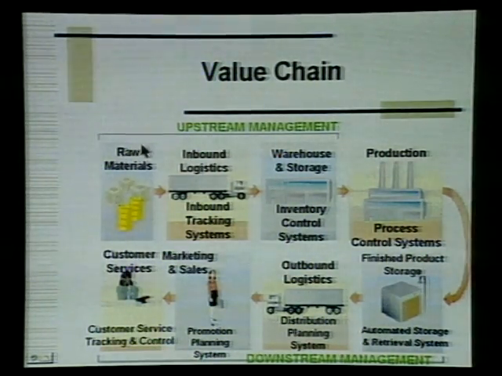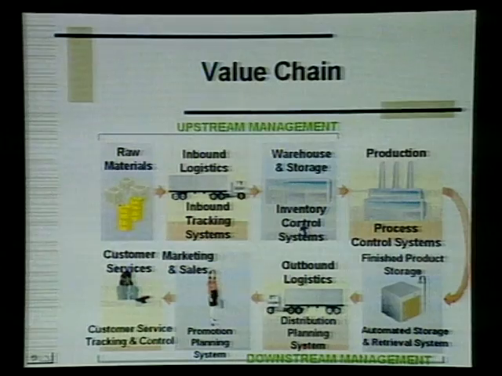These are the inbound logistic. In the inbound logistic, we can develop a system which can keep the track of that. We also have the warehouse and storage in a typical business environment. We might need an inventory control system there.